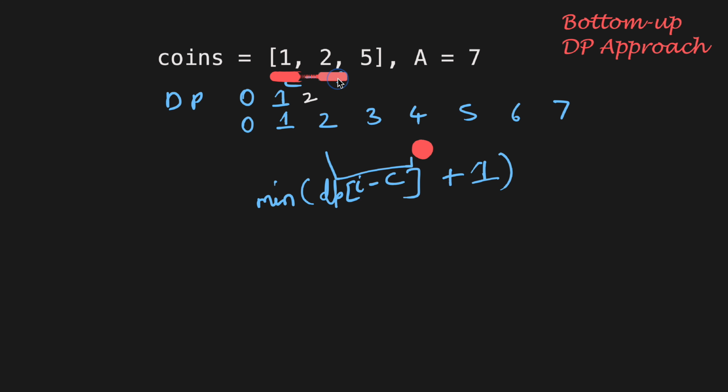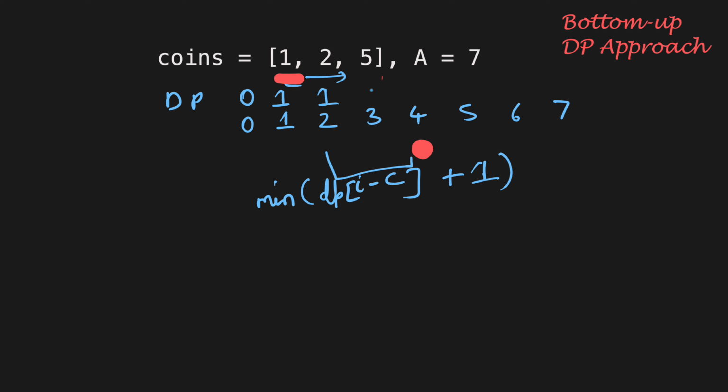Then we try out coin 2 and the remaining amount we have to make change for is 0. So DP of 2 will be equal to DP of 0 plus 1, which will be equal to 1 in this case. And since we want the fewest coins for the change, we will take the minimum of 2 and 1, which will be equal to 1. And now we will try to use coin 5, but it cannot be used as the amount will become negative. So DP of 2 stays 1.